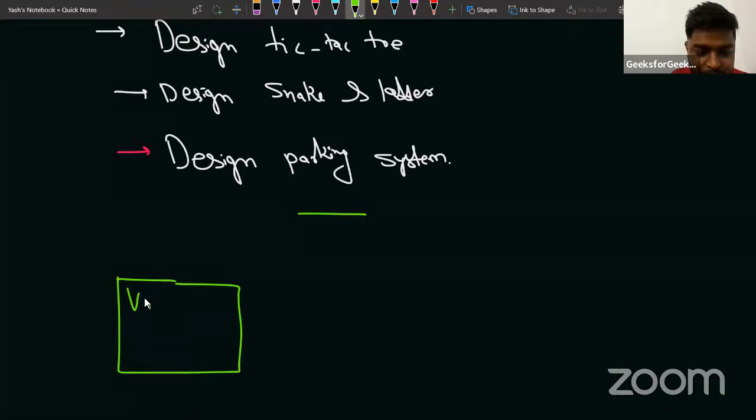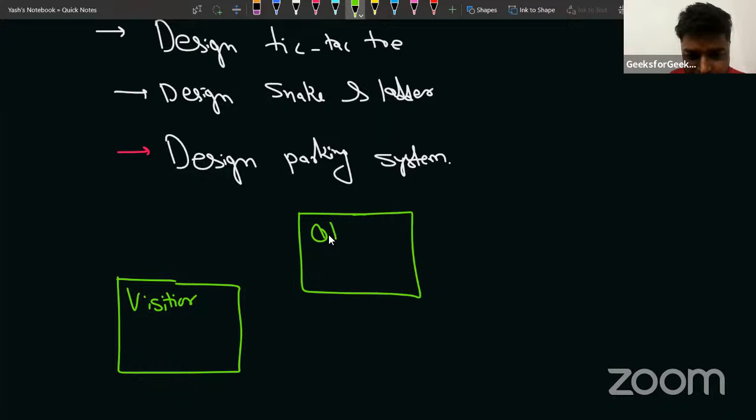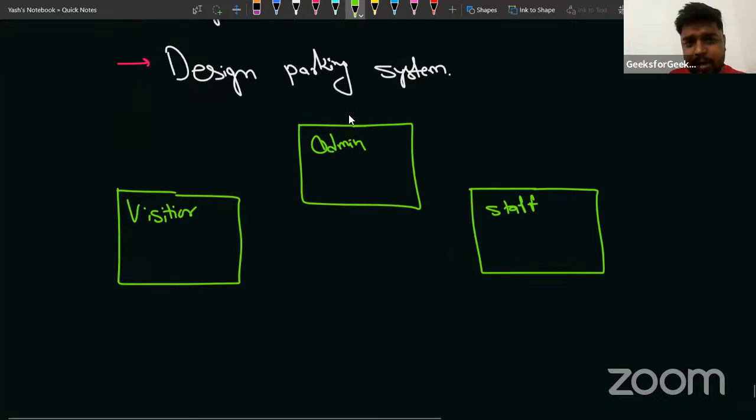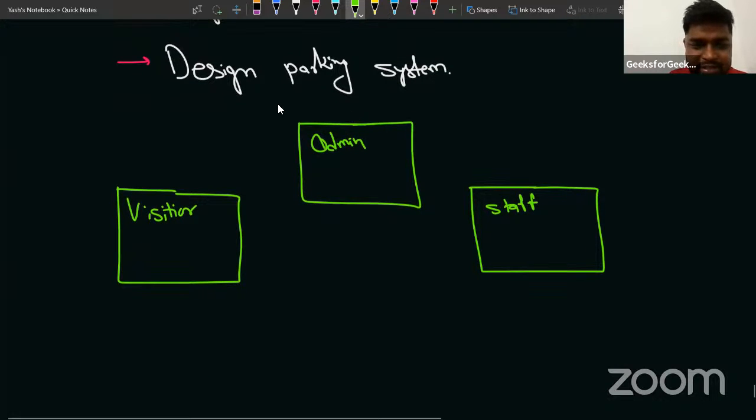There is a visitor. I'll just tell you a brief about this, not going into the actual details. Let's say there is a visitor, then there will be an admin of the parking as well, then there will be staff. In the parking system design, you'll have visitor, admin, and staff.